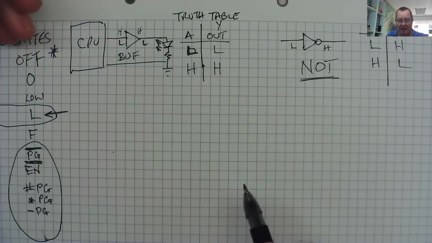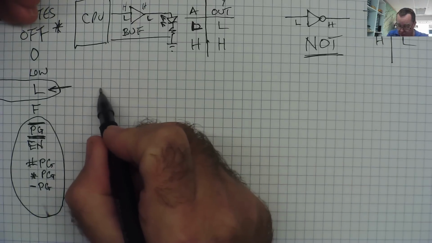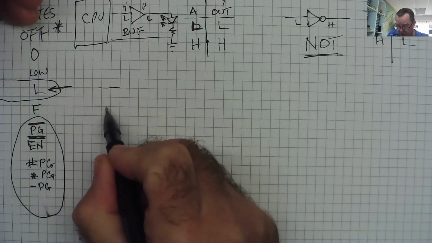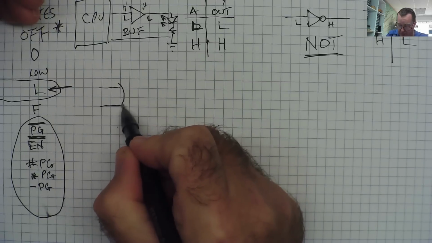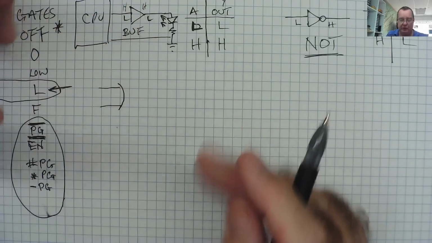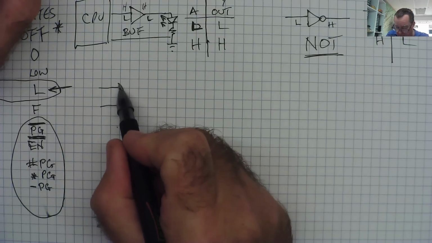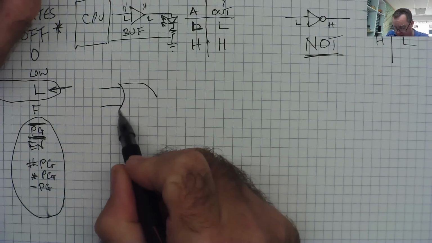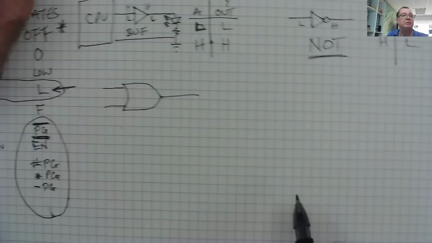Let's look at some more gates. The next one we have then is an OR gate. So with an OR gate, we have 2 or more inputs. All the rest of the gates will have 2 or more inputs, but they will only ever have one output. The symbol for an OR gate is this one. Okay? And this is the out.